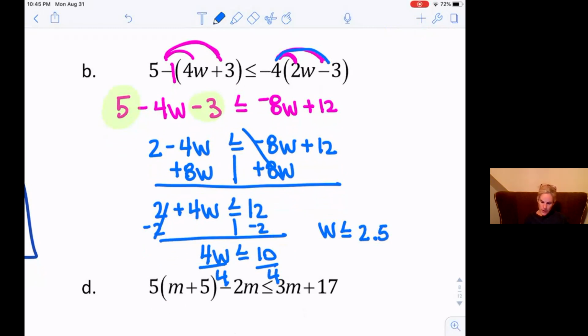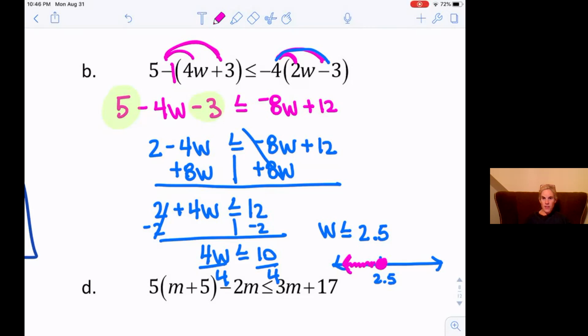If we were to graph this, put 2.5 on there. For this one, it would get filled in because it's less than or equal to. And because it's a less than or equal to, we want numbers that are less than 2.5. So that would mean anything to the left, think left of 2.5. This would be our graph, and then our answer in interval notation.